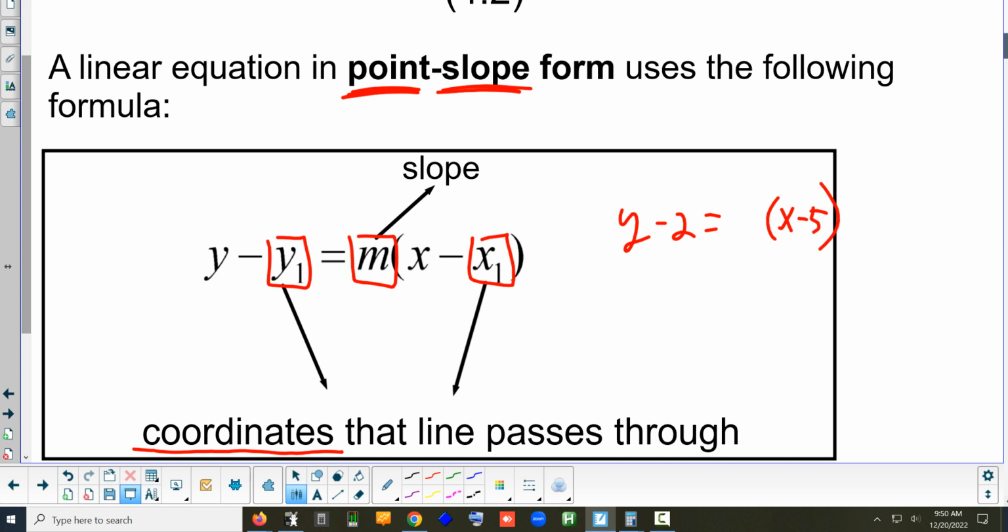We would need a value for m, let's say 3. That's what a final answer is going to look like today. You're going to fill in a number for y1, you're going to fill in a number for m, and you're going to fill in a number for x1. This letter stays right where it is. Nothing happens to it. This letter stays right where it is. Nothing happens to it. So that's what a final answer looks like. It's a little different than y equals mx plus b.